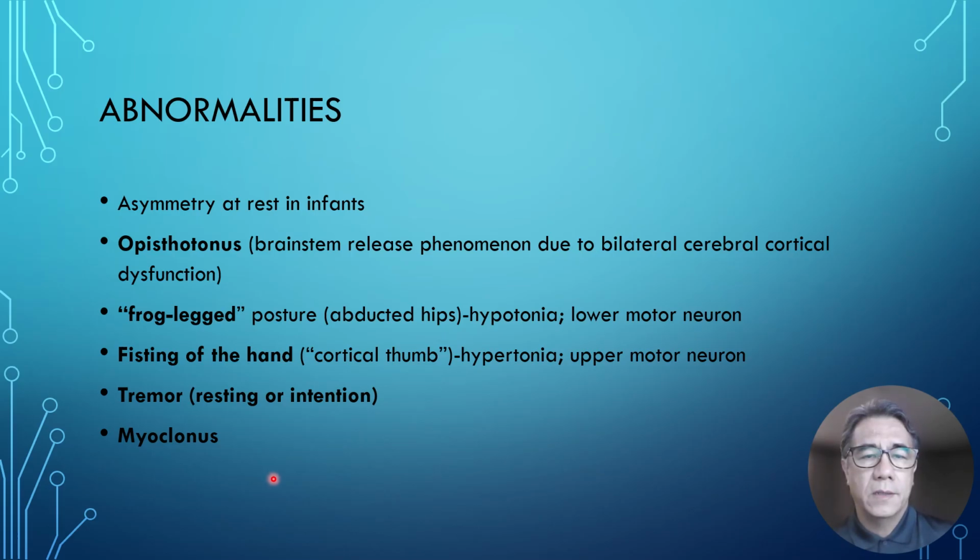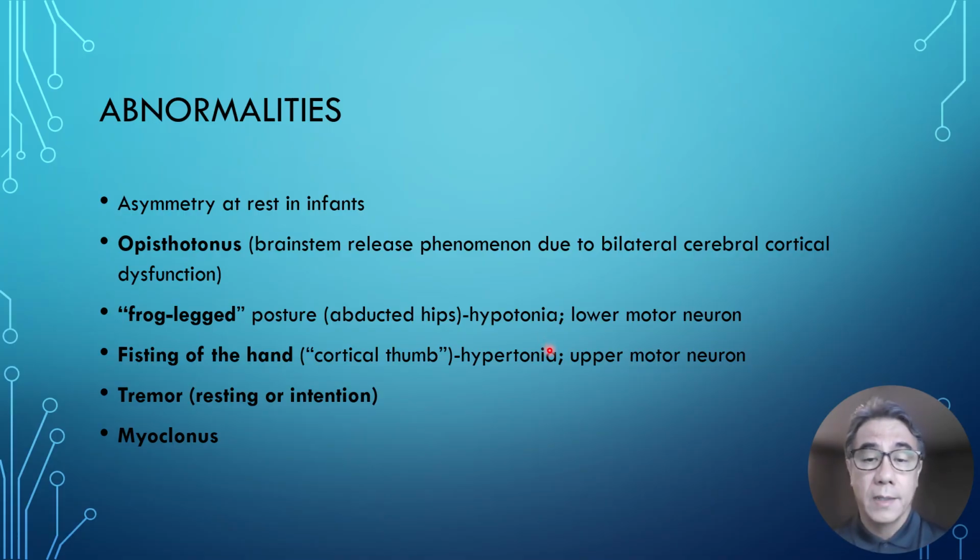Other abnormalities that you should watch out for would be abnormal movements like tremors, whether resting tremor, intention tremor, myoclonic jerks or movements, fisting of the hand, frog-like posture, which strongly suggests hypotonia of the lower extremities or even upper extremities.